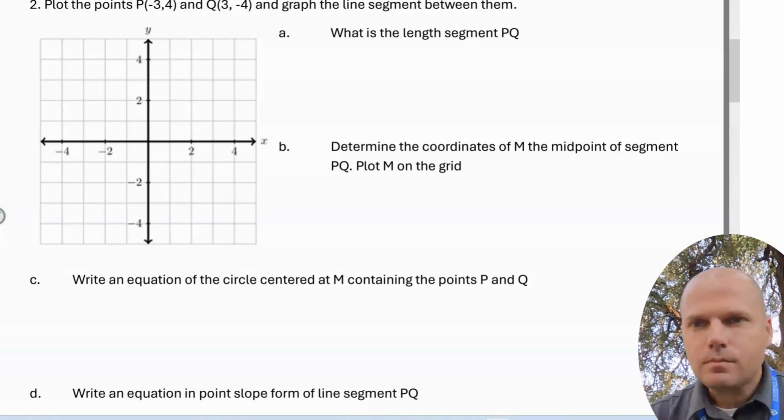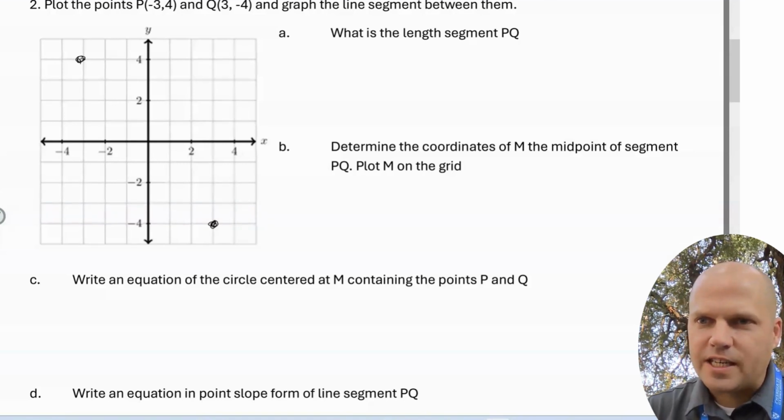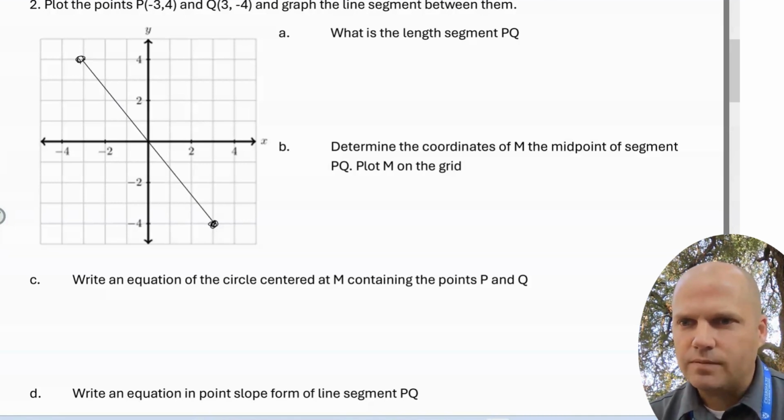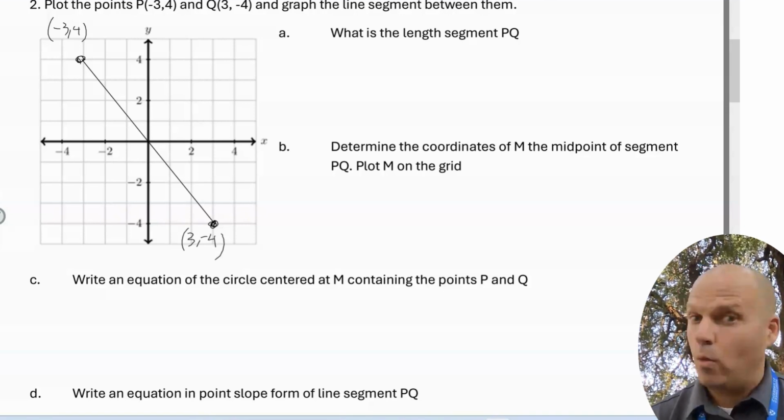So here's what I tell my students: once we have a line segment down, use your friend the T-chart, because the T-chart really has everything you need. But be careful. Don't abuse it. Sometimes you have to really pay attention to what the question's asking and what T-chart you need to be looking at.